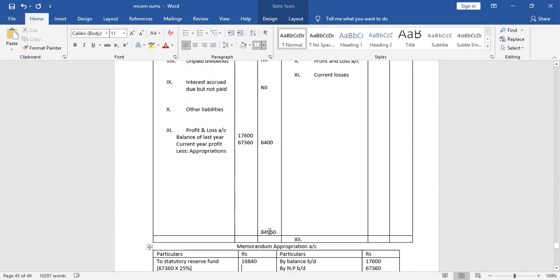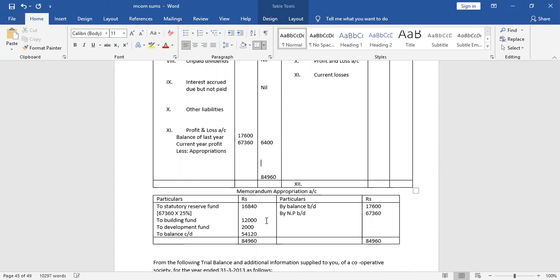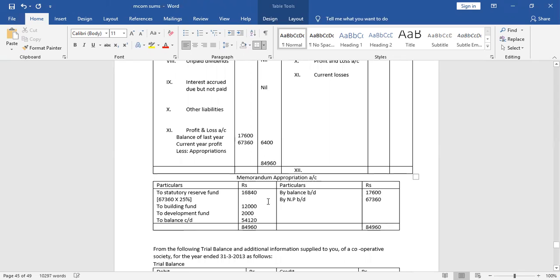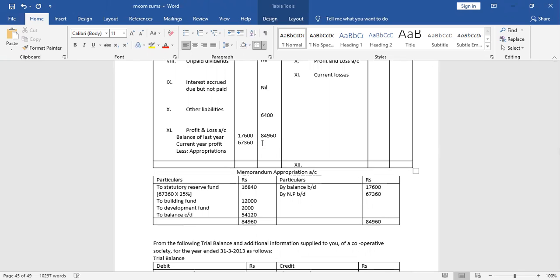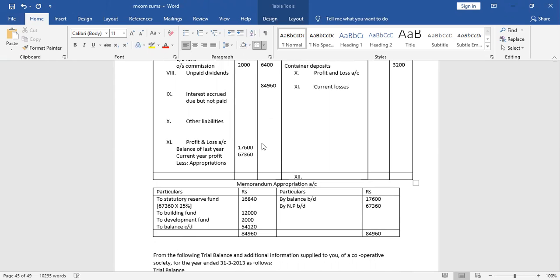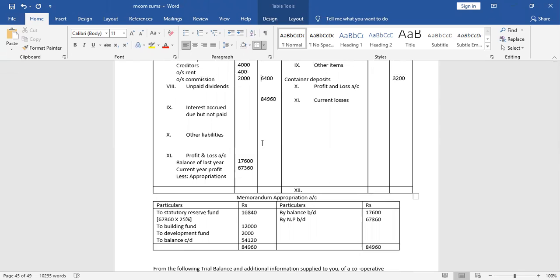Yes, done. Whose total is this? It is the total of current liabilities. One minute. And this is this total.